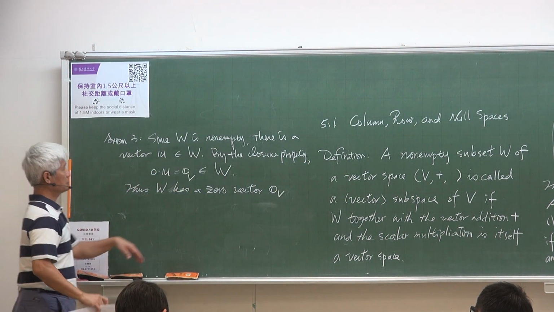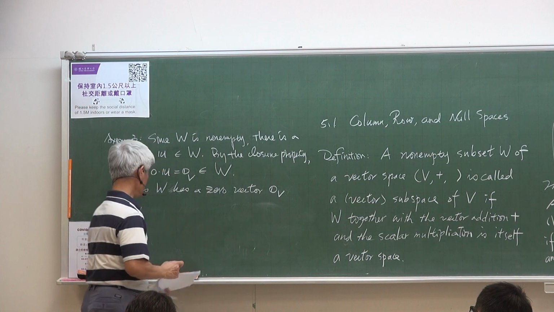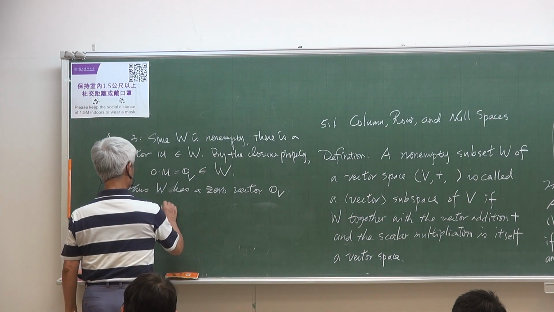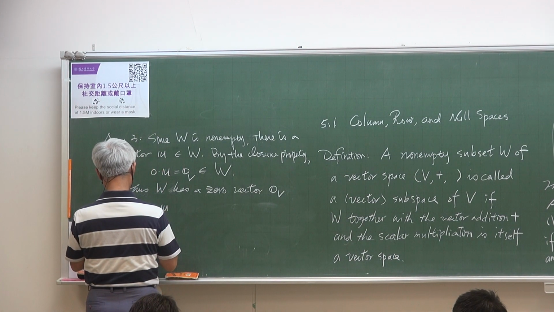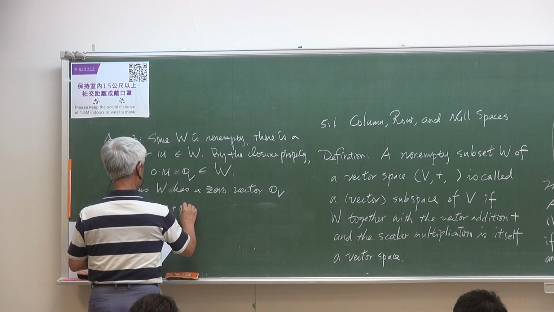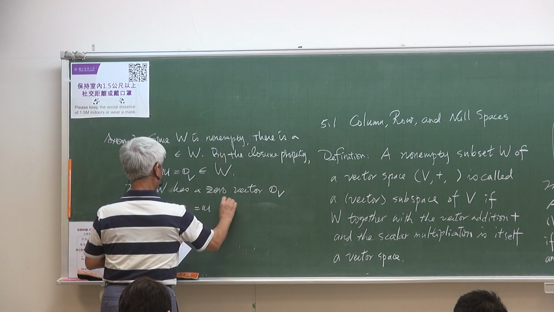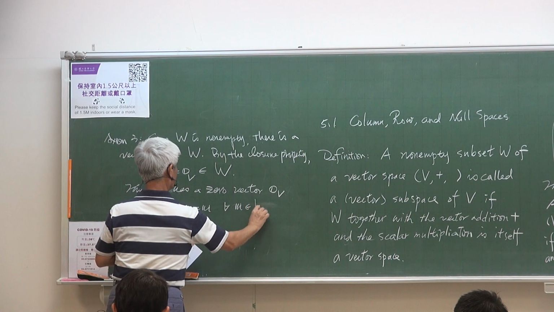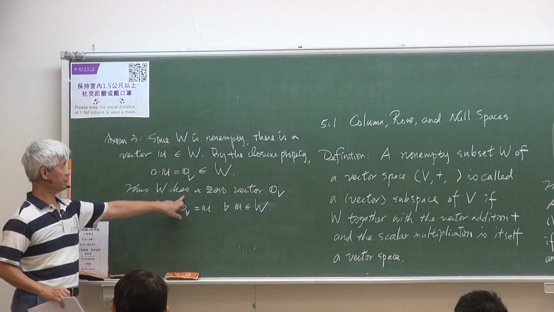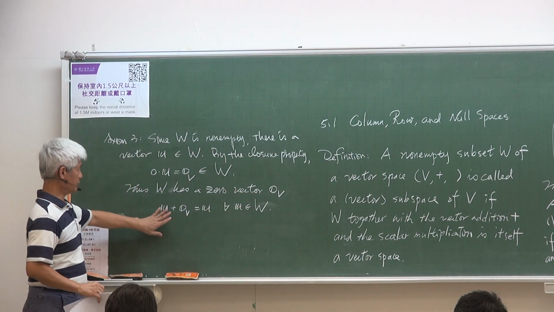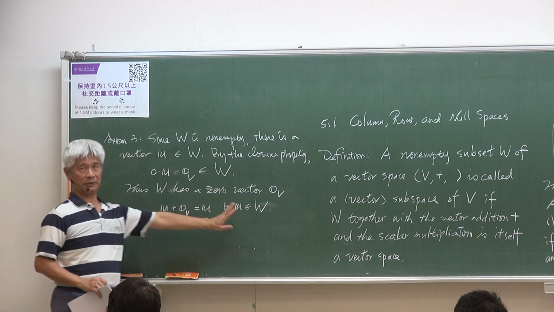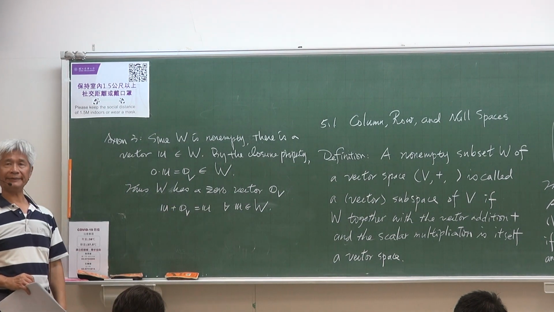And so that u plus 0 equals u for all u in W. So the same zero vector for V is a zero vector for W. Of course, right?